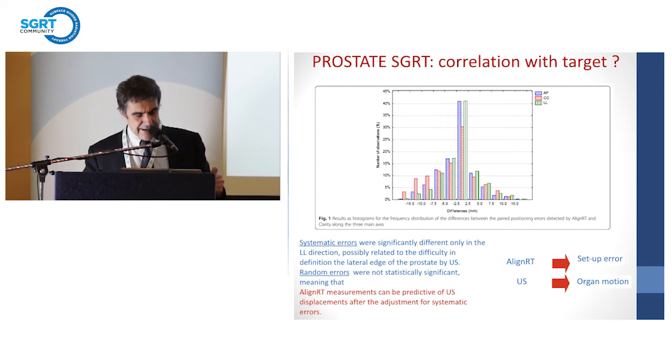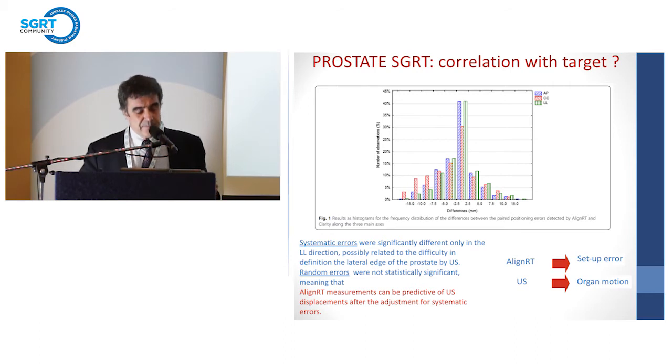And analyzing more in depth the systematic and the random errors, we found that probably in the lateral direction there was some difference in detecting the errors between the ultrasound and the AlignRT.